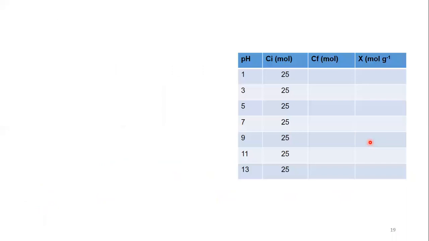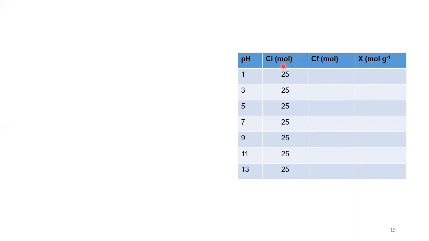Okay, so now we have to build this kind of table. The final concentration we don't know. It may be possible that once again I have made a mistake over here. That's moles, but that's not just mole. This is 25 ppm, and then you have to convert into moles per liter and write down the correct value.